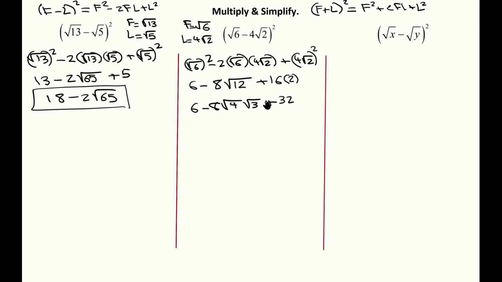So these two, of course, are just integers. They can be combined, so we get 38 minus 8 times 2, which is 16 radical 3, and that's fully simplified now.